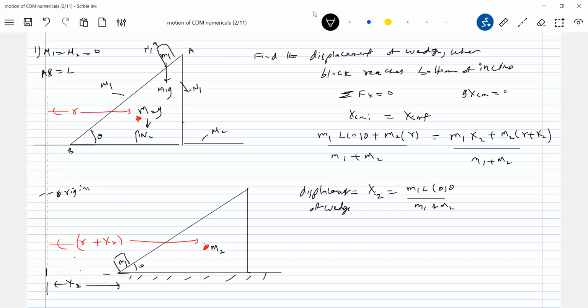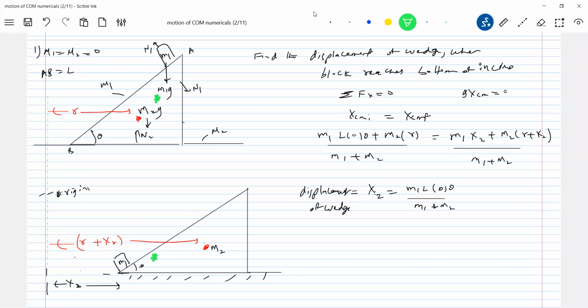For that you have to choose an origin. So if I change the origin, the answer will change? No, we know that the location of center of mass is independent of the choice of origin. So look at where the center of mass of the system will be. The center of mass of the system is somewhere here earlier, and now it will be there only.